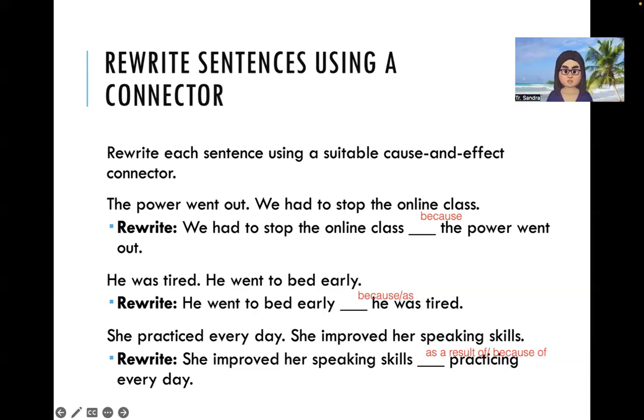So what about because? Because has a neutral tone, and it can also be used to talk about reason.